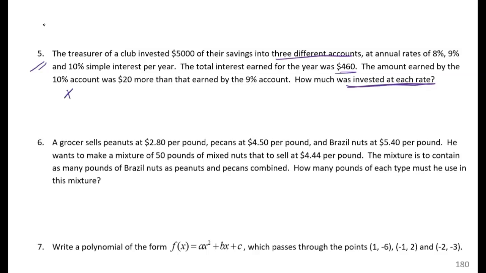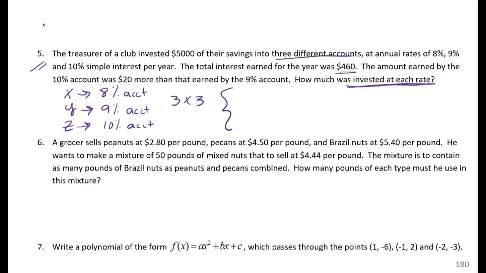So you want to think about X, Y, and Z and figure out which variable goes with which account. And label this, by the way. So if you want your X to be what's in the 8% account, go ahead and jot that down, and then your 9% account can be the Y, and the 10% account can be your Z. Now this is 3 variables, so now you're looking for a 3 by 3 system, and you need 3 equations, 1, 2, 3.